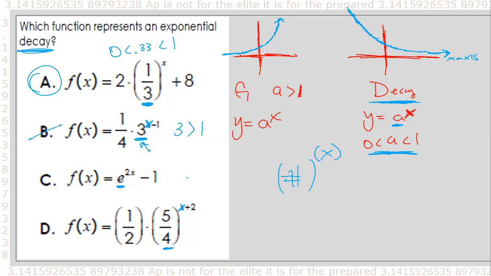E might have confused you a little, but remember e is about 2.71, continuing, so that's bigger than 1. And this one's a little confusing, but 5/4 is actually bigger than 1 because 1 is the same thing as 4 divided by 4. So 5/4 would not be it. The only one that is less than 1 would actually be A.